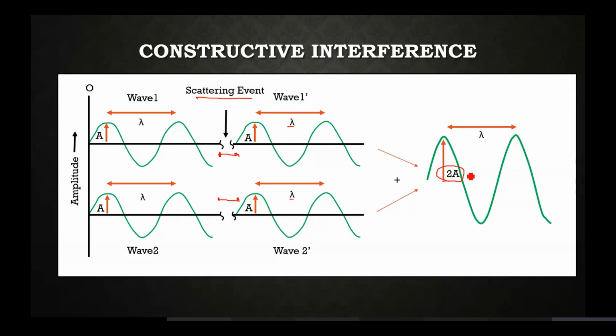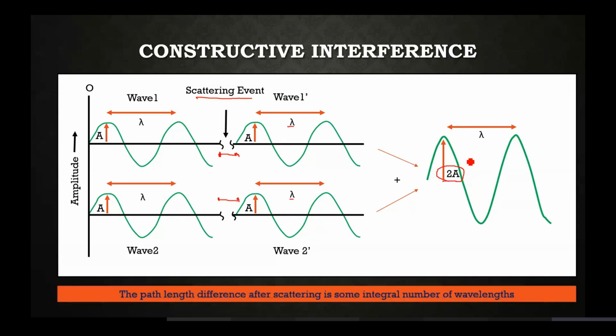This is the phenomenon of constructive interference. It only takes place when, after the scattering event, the path length difference is an integral number of wavelengths. If the path length difference is an integral number of lambda, you have constructive interference. Is this clear to you guys?